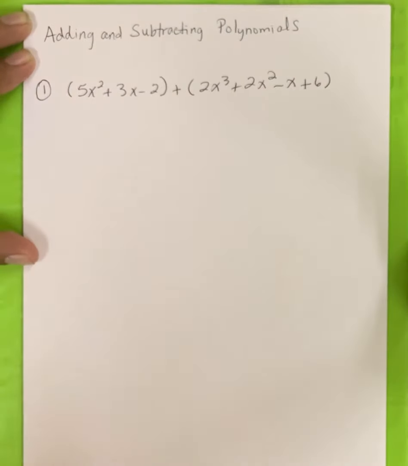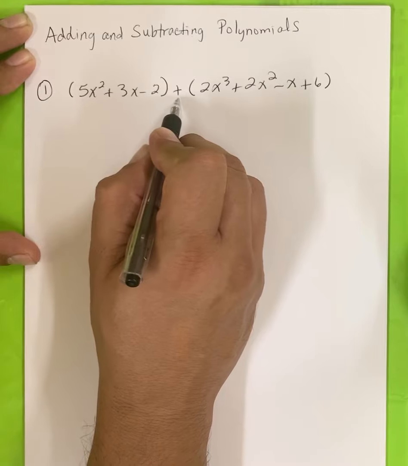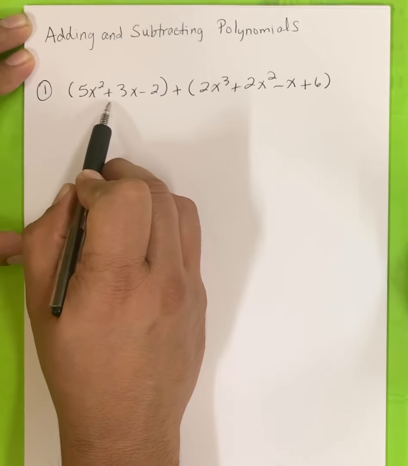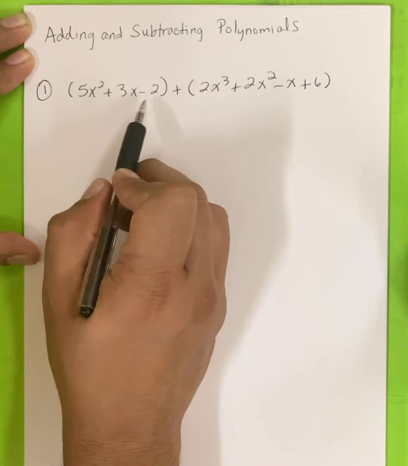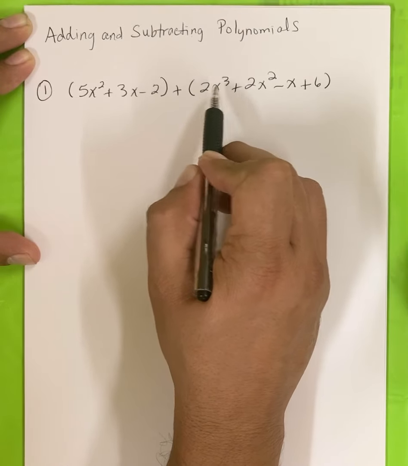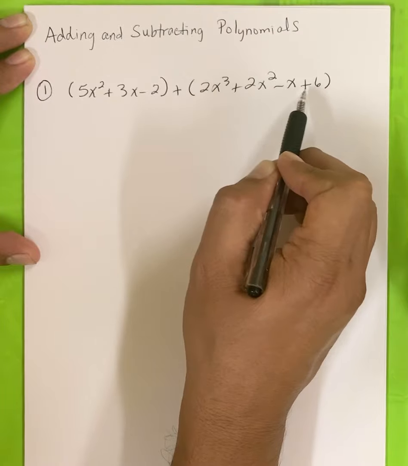Once again, we have the polynomial 5x squared plus 3x minus 2 in parentheses, and we will be adding the polynomial in the second set of parentheses, 2x cubed plus 2x squared minus x plus 6.